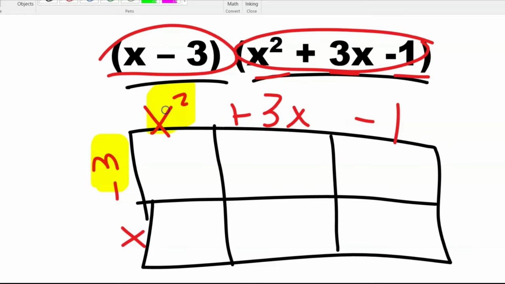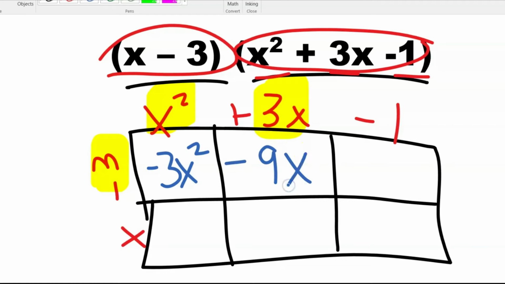I'm going to multiply it by x squared. Negative 3 times x squared is negative 3x squared. Okay, and then I've got negative 3 on the left times 3x on the top. Negative 3 times 3x is negative 9x. And then my last term, negative 3 times negative 1. And that gives me 2 negatives, gives me positive 3.